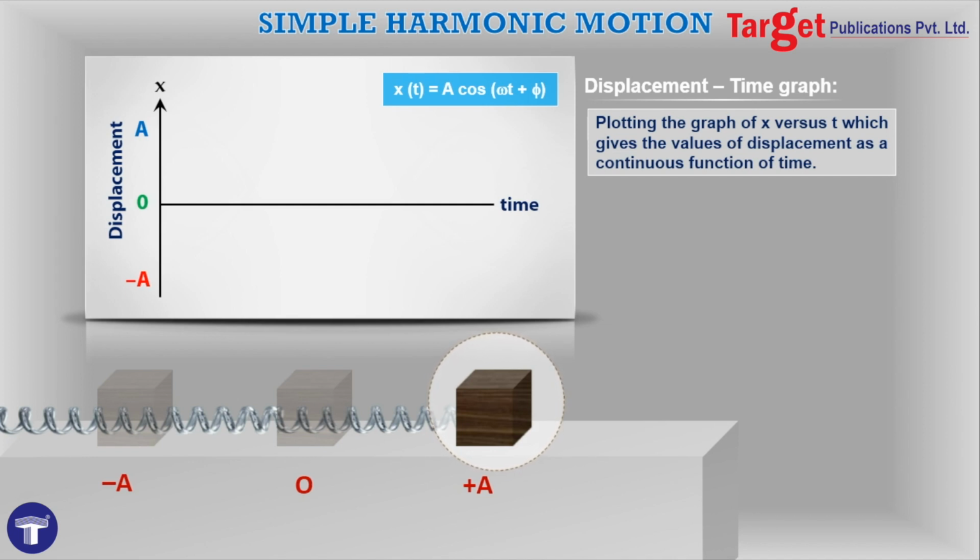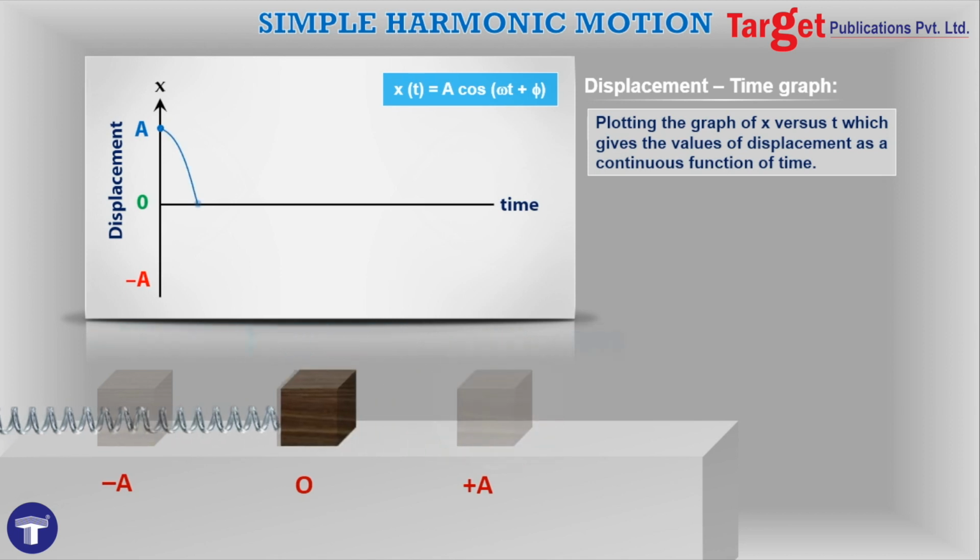Let's say that the particle at time t is equal to 0 is at an extreme position, that is, at the maximum extent on one side of the mean position. In such a case, when the particle starts moving and reaches the mean position, 1/4 of the total time it takes to perform an oscillation has passed.